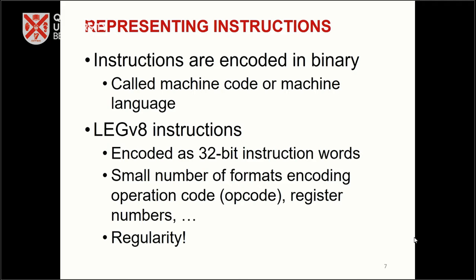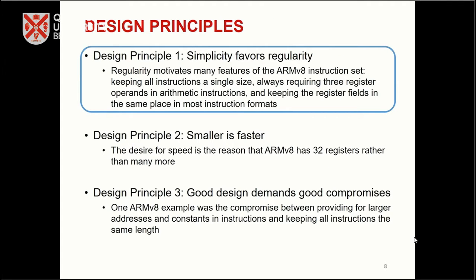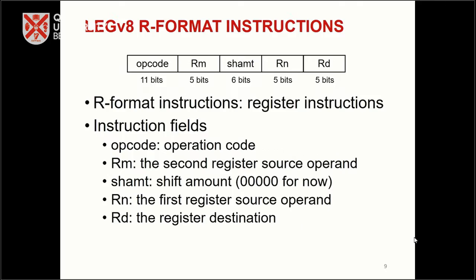And we are going to see how each of these instructions is encoded in these 32 bits. Again, this is one of the design principles we started watching yesterday: making it simple and regular in order to make it cheaper and increase the performance.